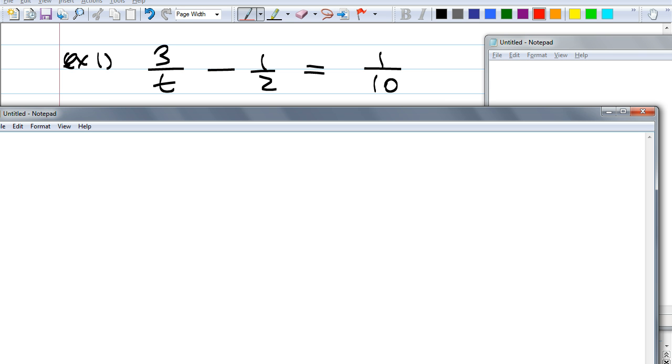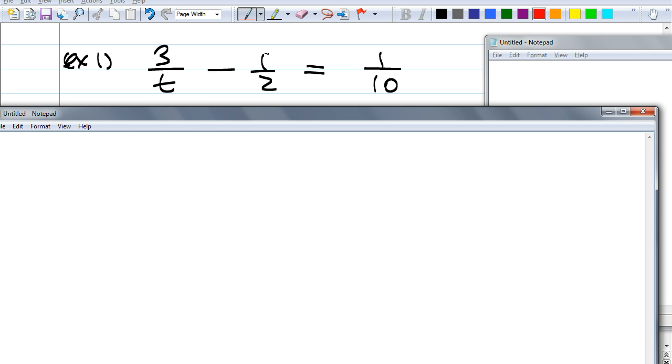Oh, you want to... Okay, so like before, we could make the fractions on the left have a common denominator and add them together. But remember, that's what we do when we have expressions. Right now, we have an equation. What did we say? Whenever you have an equation with fractions, what do we multiply both sides by? LCD. What's the LCD for t, 2, and 10?